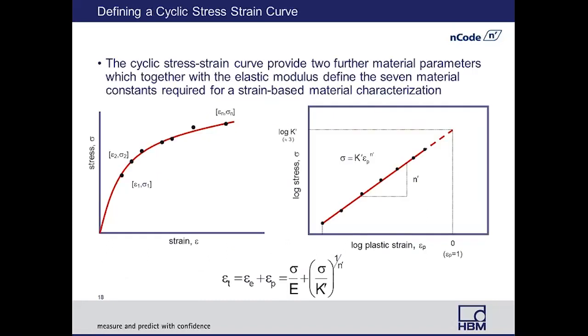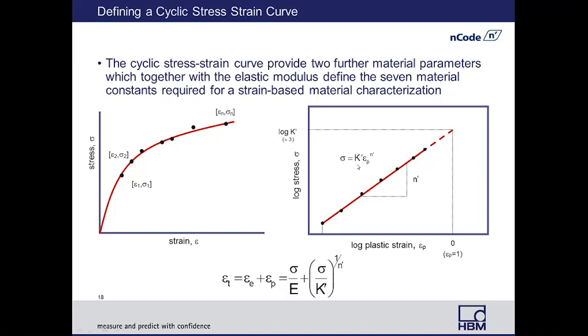We also need to know something about the cyclic stress strain curve. Since we are going to be characterizing low cycle fatigue, we need to know the relationship between stress and strain beyond the yield point as well. As we conduct the test, we gather stress and strain results. This plot right here is showing us a stress strain curve, with the data points beginning just beyond the yield point. If we plot these data points on a log-log scale of stress versus plastic strain, you can see that we can now begin to characterize this with this equation right here.